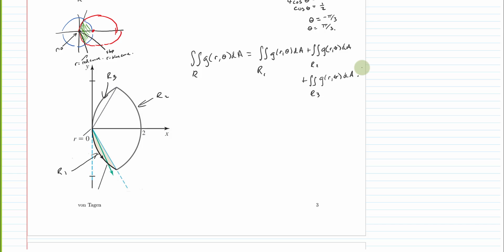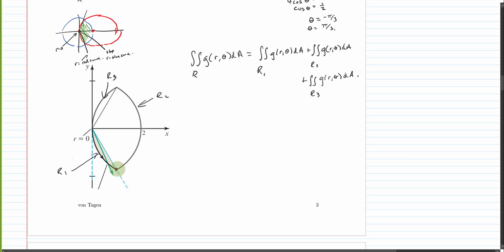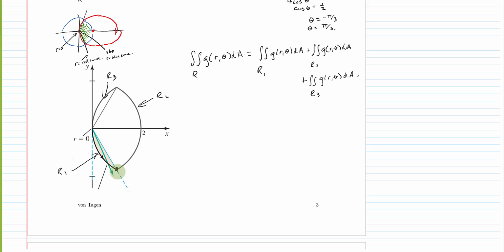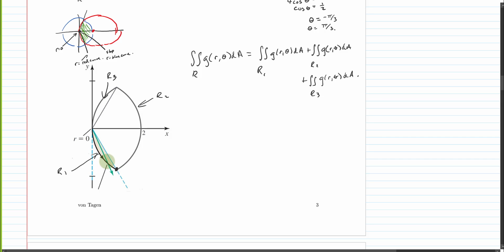There's a hard point where, if you were going around, it changes your upper bound, not on your theta, on your r. That's what I'm looking for. The upper bound on your r curve changes as you swing through this region. So sometimes the upper bound is this curve right here, and sometimes over here it's the second curve. Okay, so that's why we have to break this up into several regions.